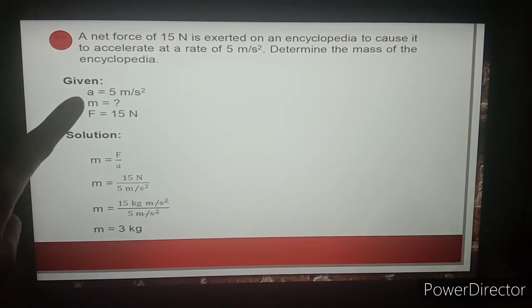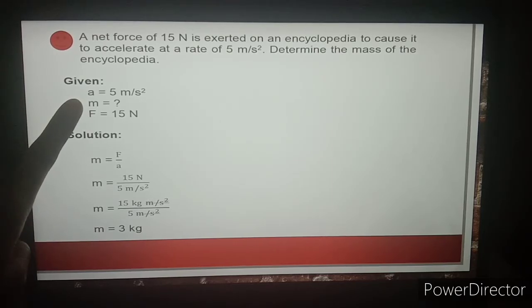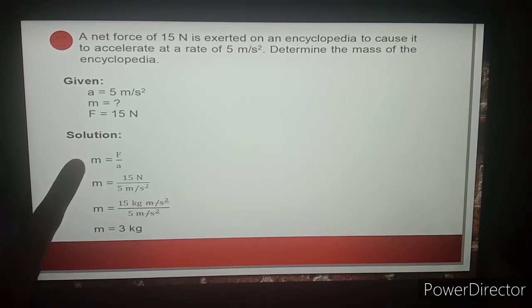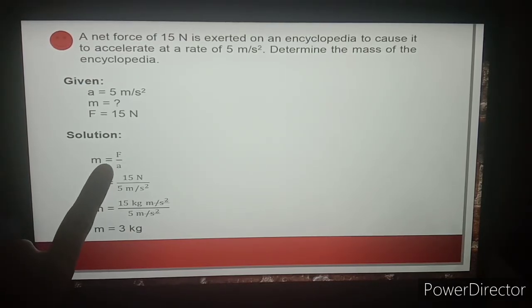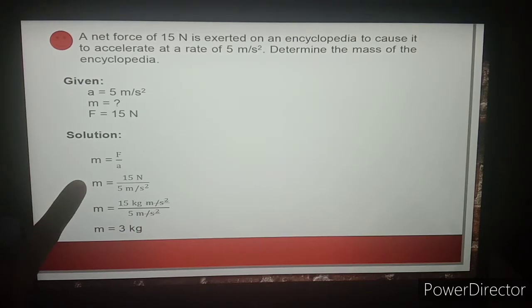Again, we are looking for the mass, and we're going to use this formula: mass is equal to force over acceleration. Then we're going to substitute the given values. For the force, we have 15 Newton, and for the acceleration, we have 5 meter per second squared.